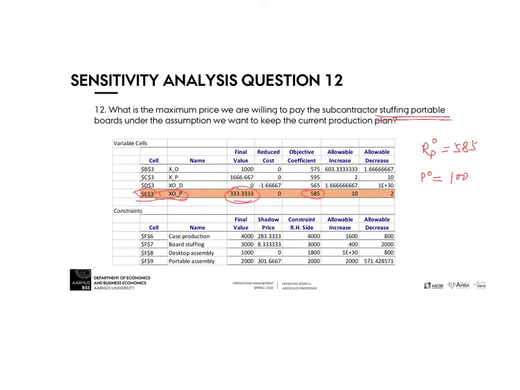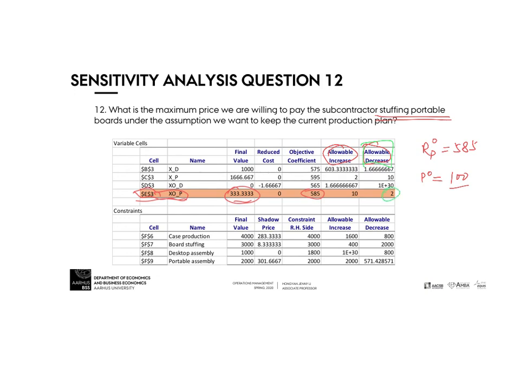If you check the allowable decrease and allowable increase, the question is asking if you would like to pay more than 100 to the subcontractor and still keep the current production plan. So we should focus on the allowable decrease.